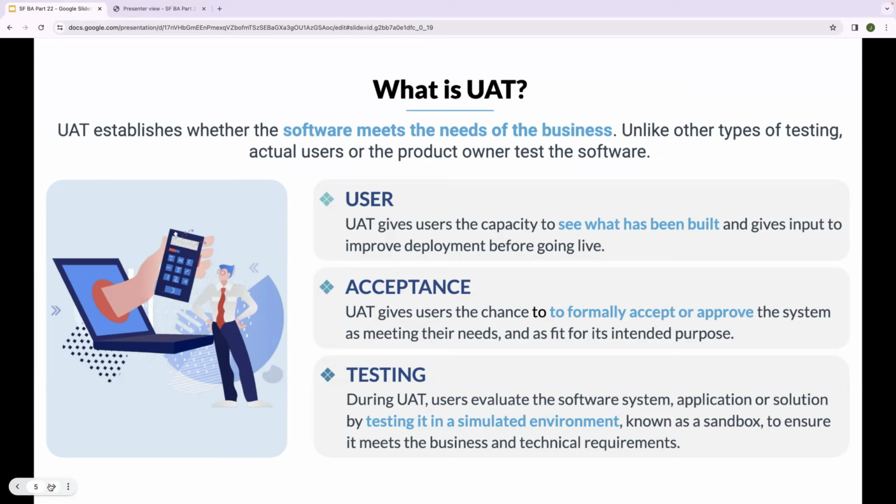Acceptance: UAT gives users the chance to formally approve the system as meeting their needs and as fit for its intended purpose. Testing: during UAT, users evaluate the software system, applications or solutions by testing. It is a simulation environment known as a sandbox to ensure it meets the business and technical requirements.